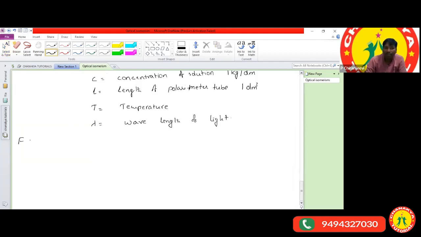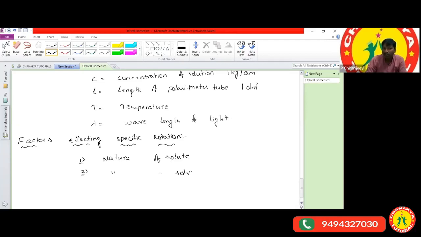And the factors. What are the factors affecting specific rotation? The first one is the nature of the solute. Second is the nature of the solvent.